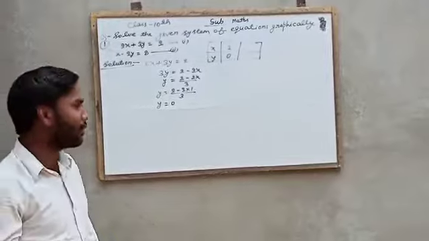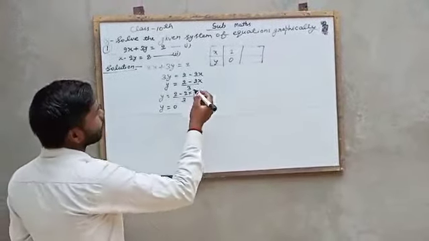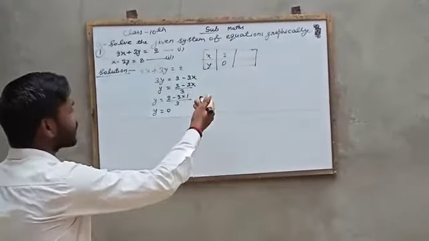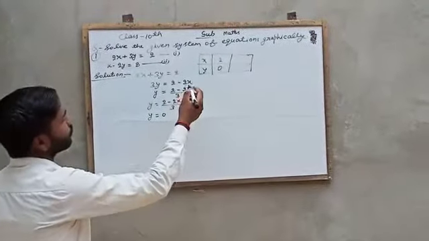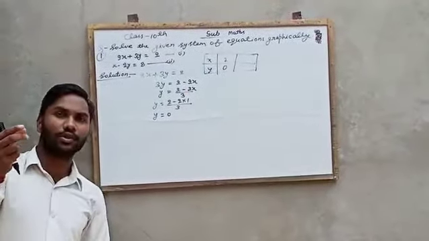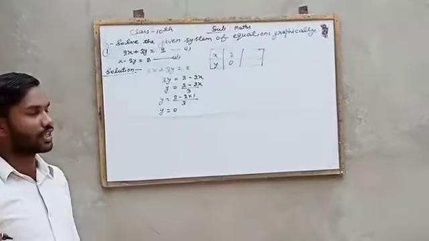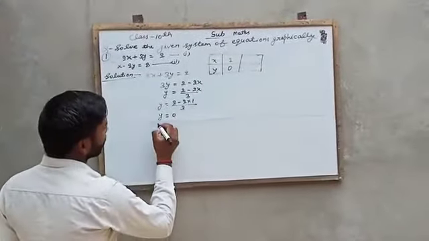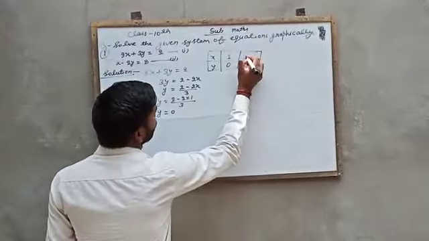Again we will put another value, like x is equal to 0. No, we need to find a whole number, not a rational number. So we will put x is equal to minus 2.